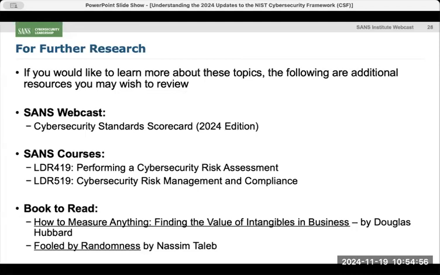And the other one I've been interested in, it's not a cybersecurity book per se, but it's definitely a risk book, primarily talking about risk in financial markets, but I think there are a lot of really good relevant topics. Fooled by Randomness by Nassim Taleb. Interesting book, meaty, if you want to dive into this topic, really almost philosophical as it relates to risk. Definitely might be worth your consideration if you've got a little time.